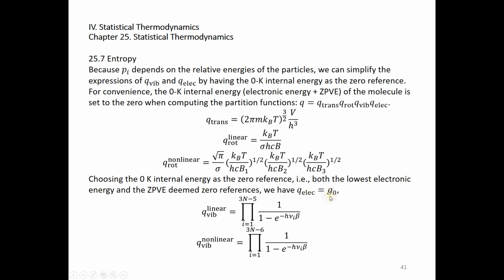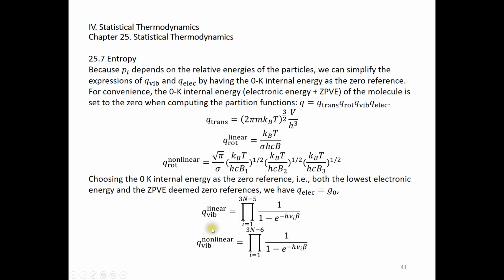This is just the multiplicity of the ground electronic state. And over here, we also assumed that the excited states do not make any contribution to the electronic partition function. This approximation is very accurate as long as the electronic energy spacing is much greater than kBT, and that's usually true.